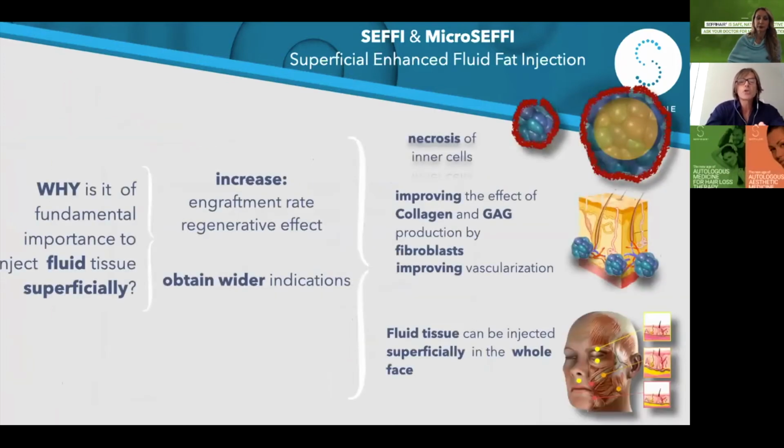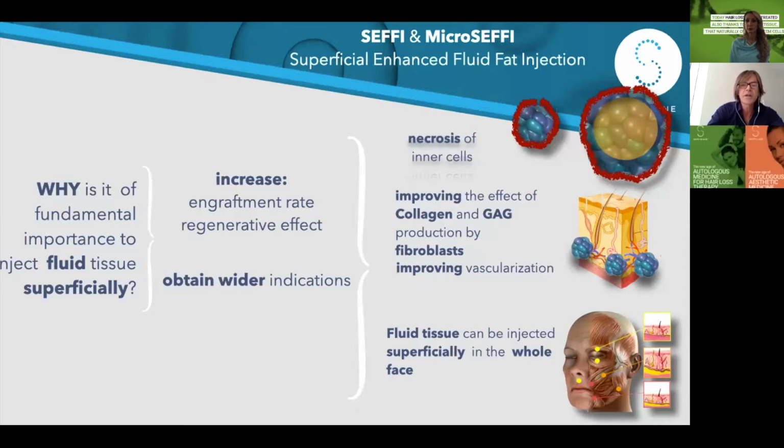But why is it so important to have a very fluid tissue when you perform regenerative therapy? The fluidity of the tissue is extremely important because you have to inject the tissue as superficially as possible. When you inject the tissue as superficially as possible, without, of course, any risk of lumpiness and irregularities, you have to use a superfluid tissue.